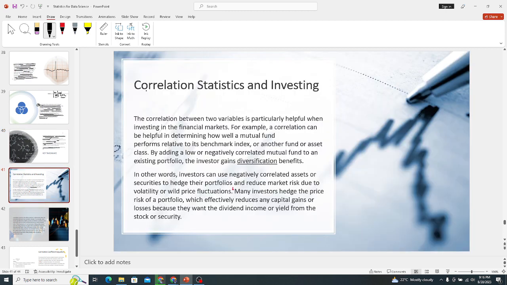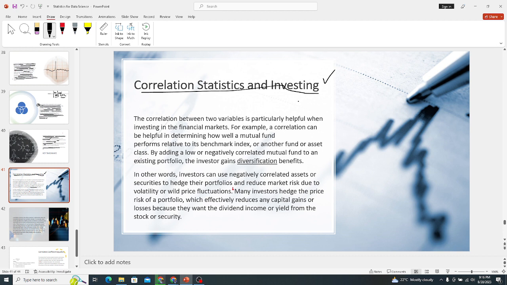All right, correlation statistics and investing. How do we use correlation to make a decision? Mostly I'll talk about financial markets.